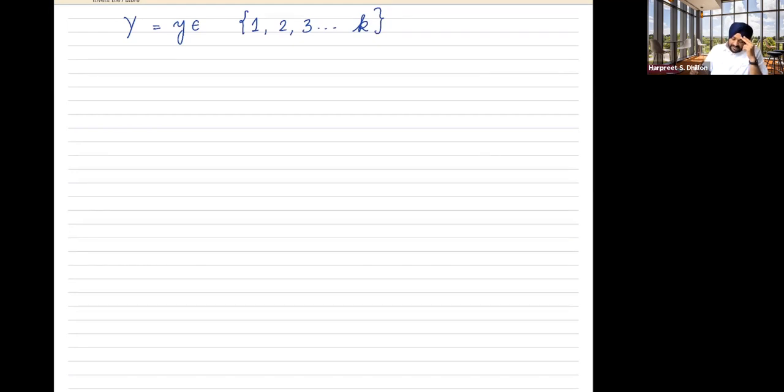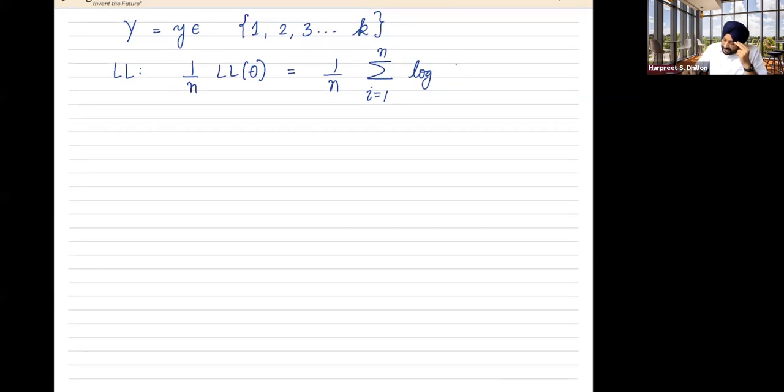Now, the log likelihood for this can be written as log likelihood of theta, let's say, is 1 over N, sum over i equals 1 to N, of log of probability of yi given theta.